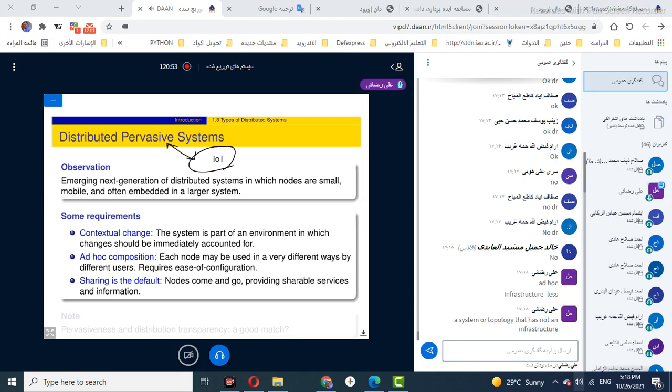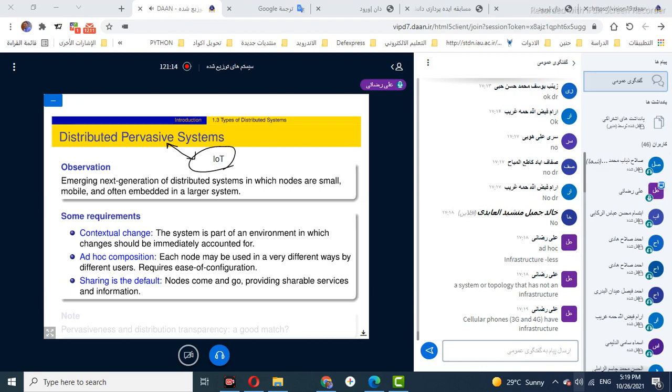Okay, cellular phones such as 3G and 4G have infrastructure.